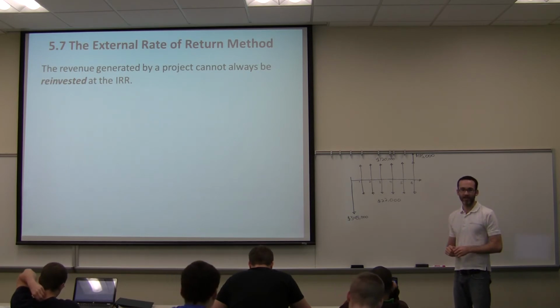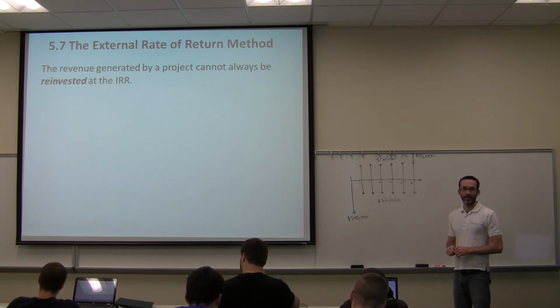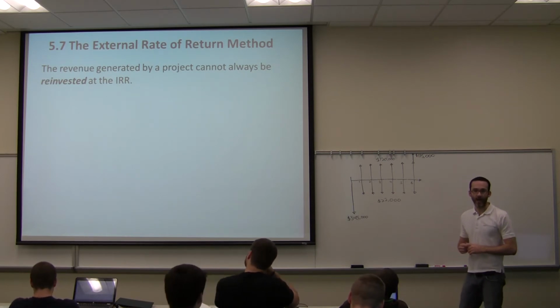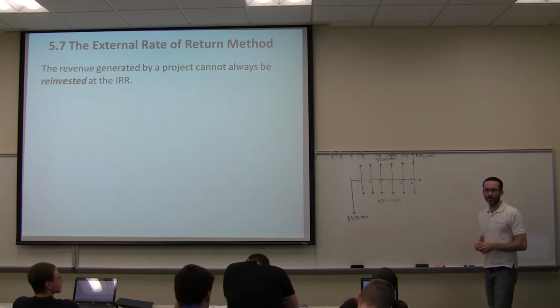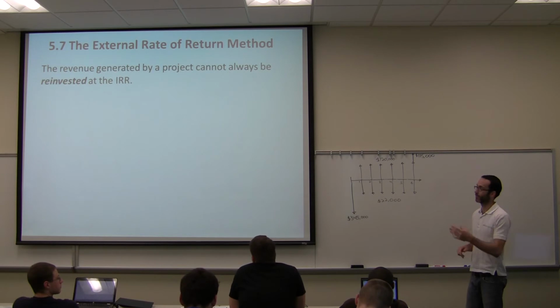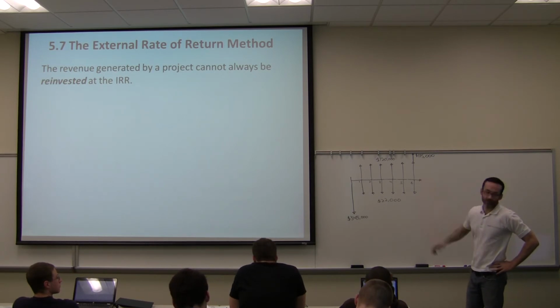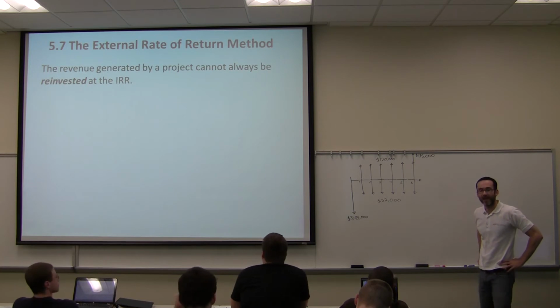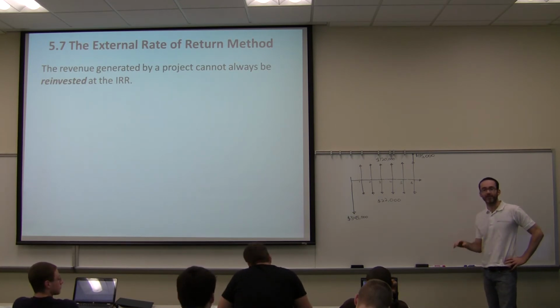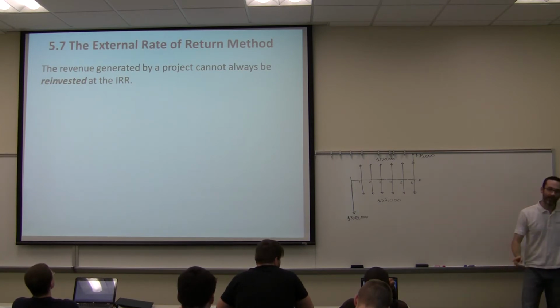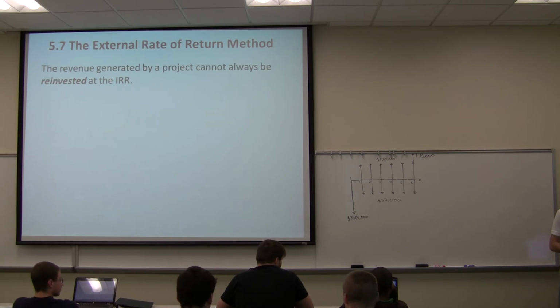There are going to be times when you just have to put your revenue into a savings account. And it's possible that your savings account isn't going to, by some strange coincidence, yield the same exact rate of return as the project that cash came from. And so external rate of return is a way of accounting for the fact that sometimes the money that you get is put somewhere else, and the rate of return in that somewhere else location is different from the rate at which the cash flow is being generated.